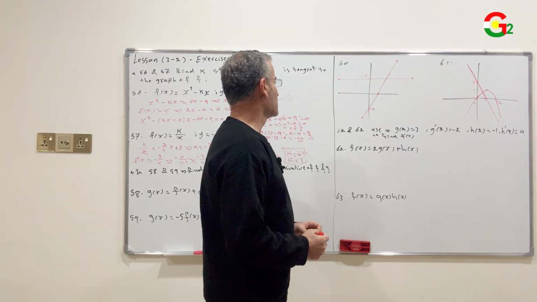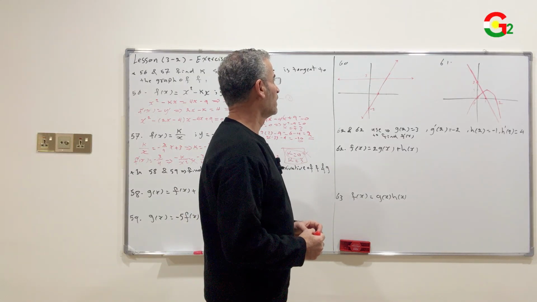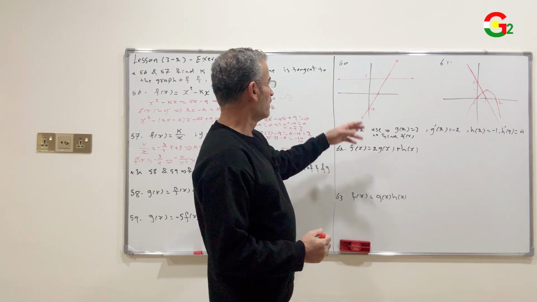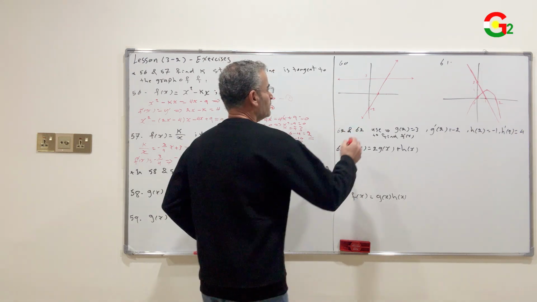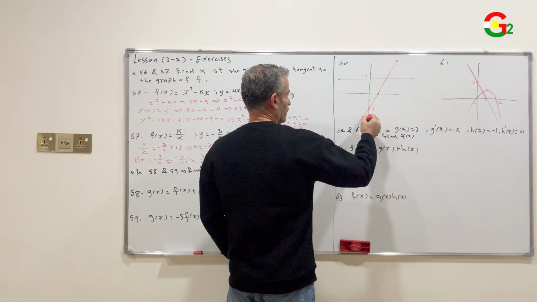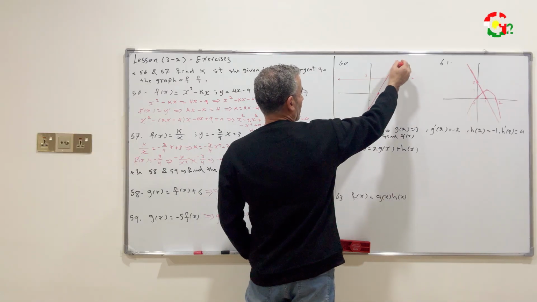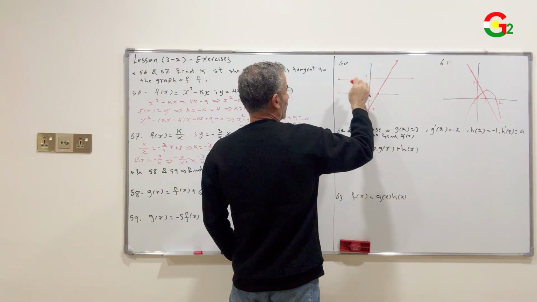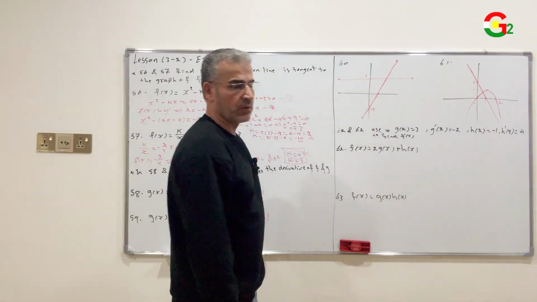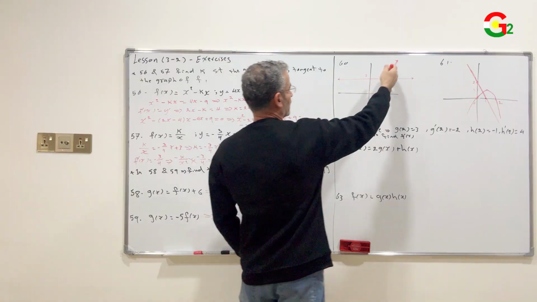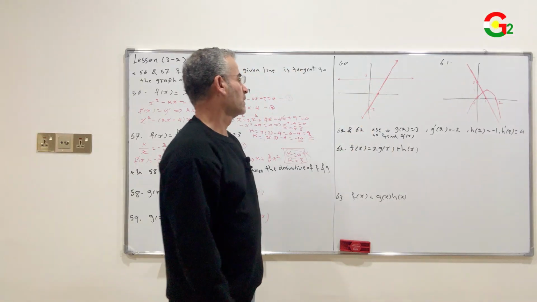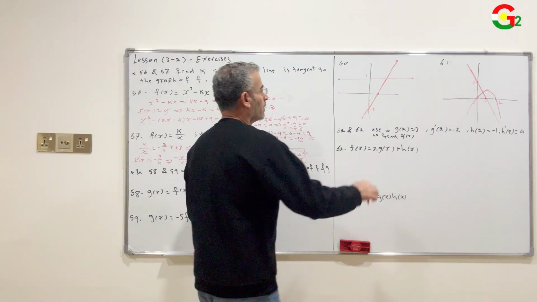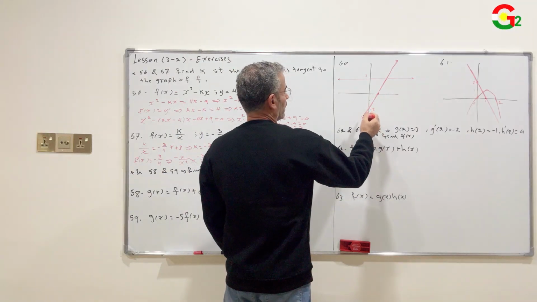Question number 60 and 61, identify the function f and its derivative from these two graphs. As you see, we have a line and a horizontal line. The horizontal line is for a constant function, and this line is for a linear function with positive slope.